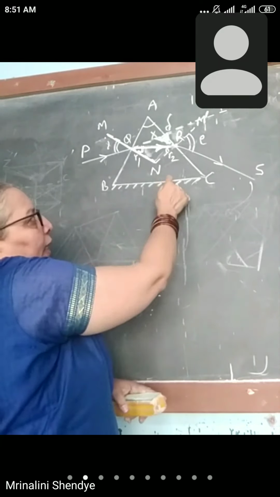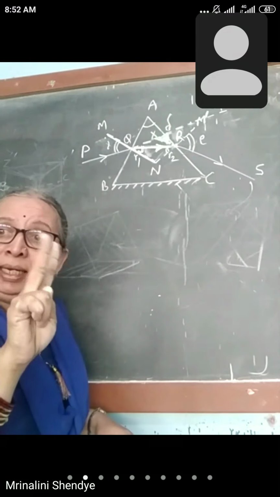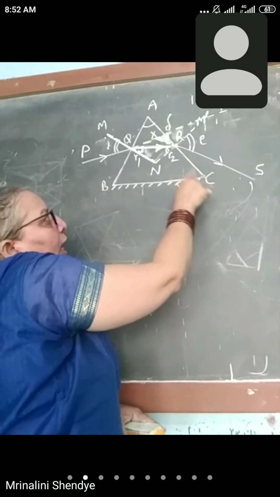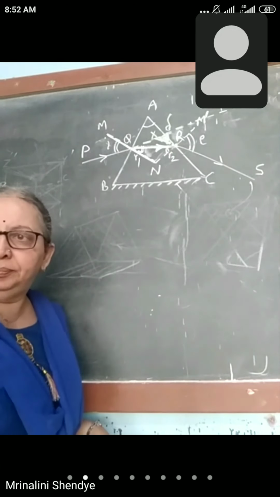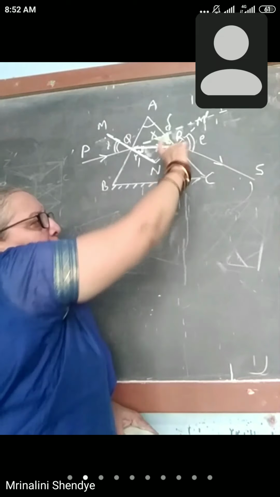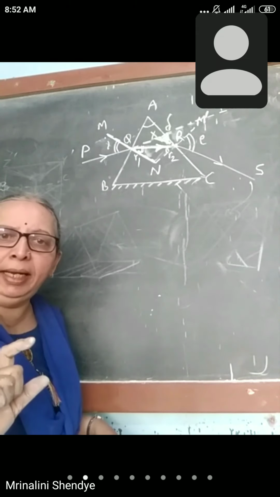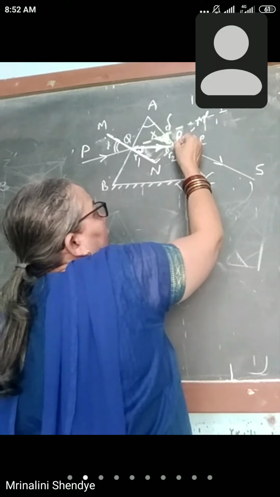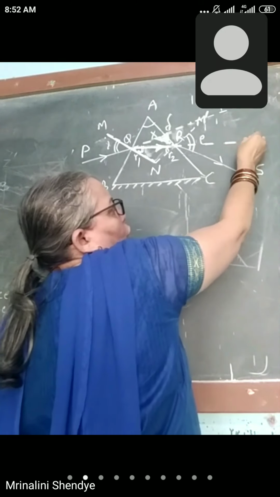From inside, it will be incident on the second refracting surface AC at point R. Again, the interface is transparent for light, so it will emerge out. Now, this will be its original direction.